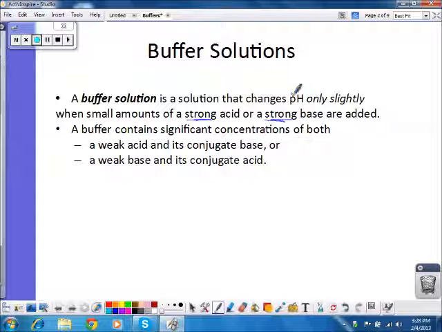So, to make a buffer, you have to have significant concentrations of the acid and its conjugate base, or you could phrase it as the base and its conjugate acid. Either way, you need a significant concentration of both species in the conjugate pair.